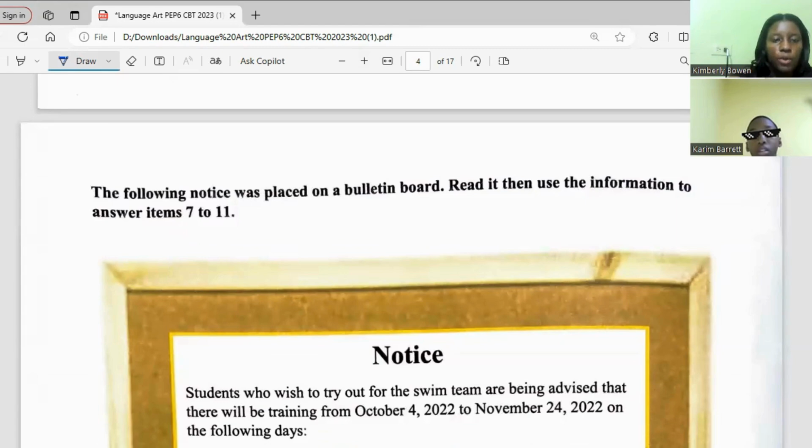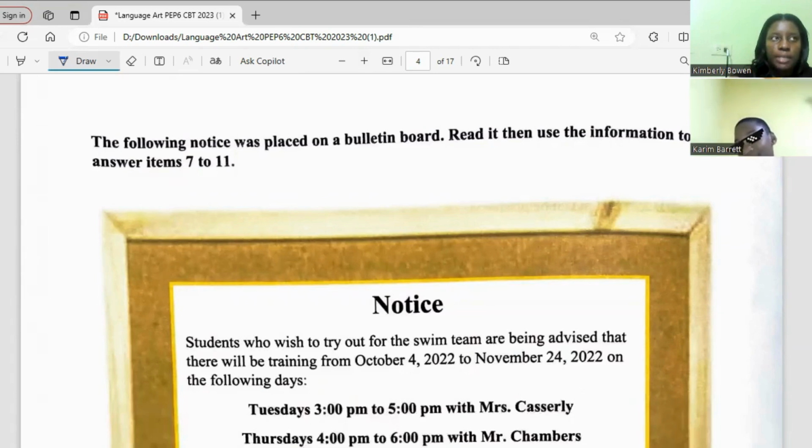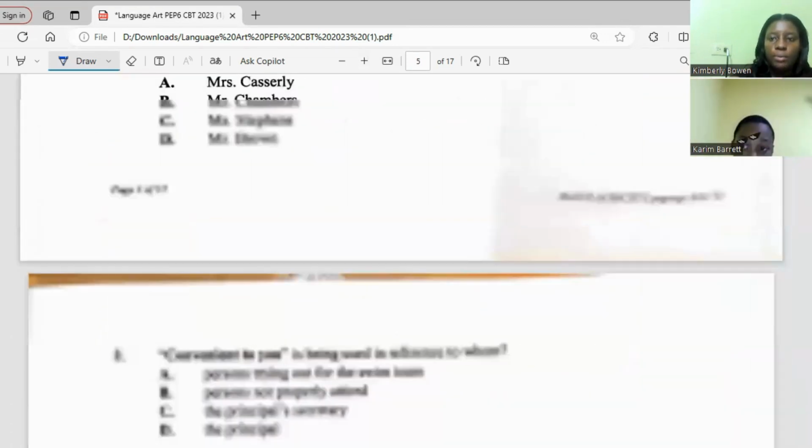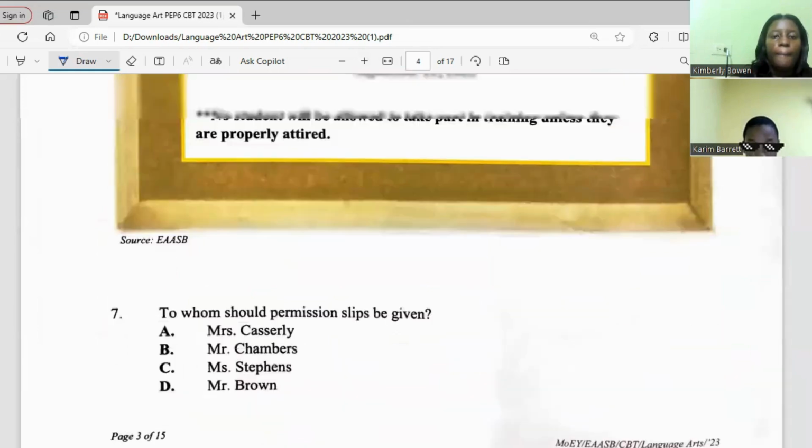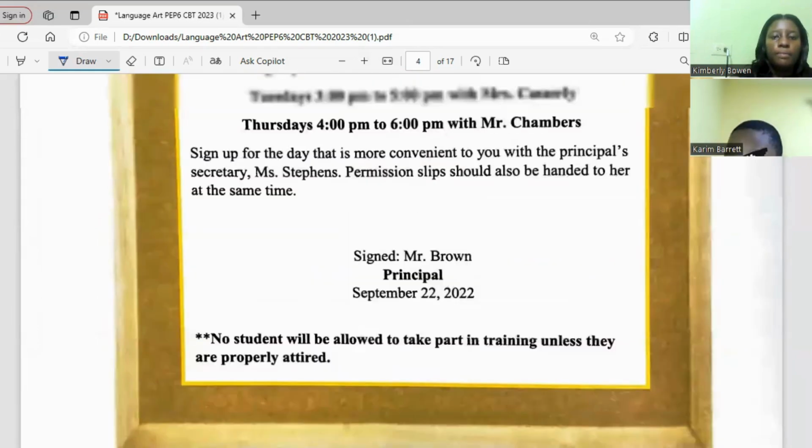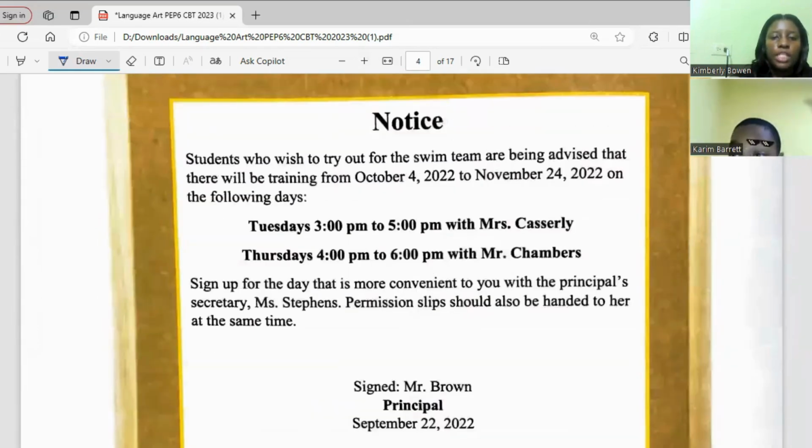It says the following notice was placed on a bulletin board. Read it, then use the information to answer items 7 to 11. Notice.